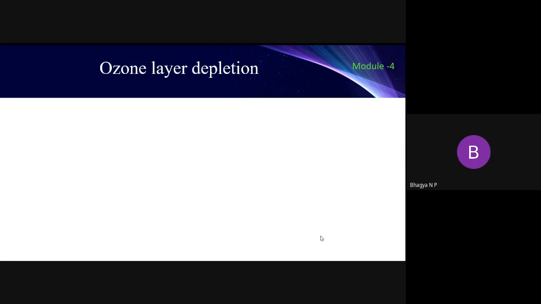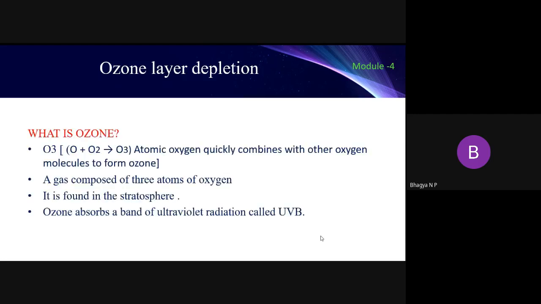The next is ozone layer depletion. You might have heard about this ozone layer. Ozone, we know, is present in our atmosphere. In the atmosphere, four layers are there: stratosphere, troposphere, mesosphere and ionosphere.